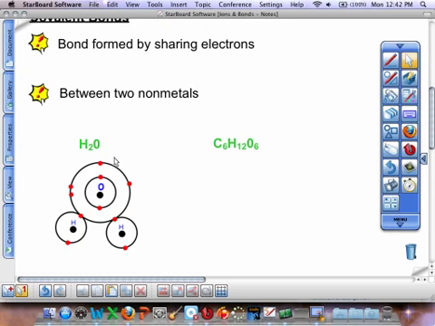Dang, I know what it is, but I can't remember. You seriously don't know what C6H12O6 is? It's been a while. Closer. It's sugar, blood sugar. Yeah. Glucose. Almost got it. There we go. That's sugar. So the bonds between all those atoms that make up sugar are basically covalent bonds.